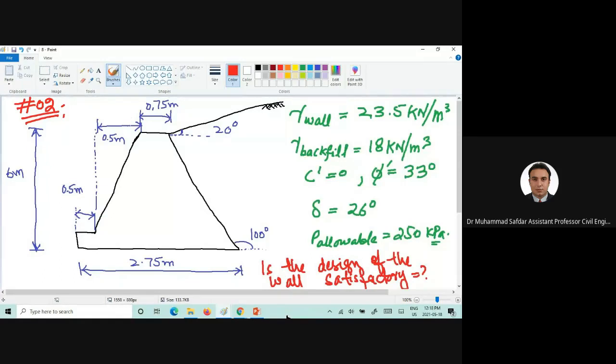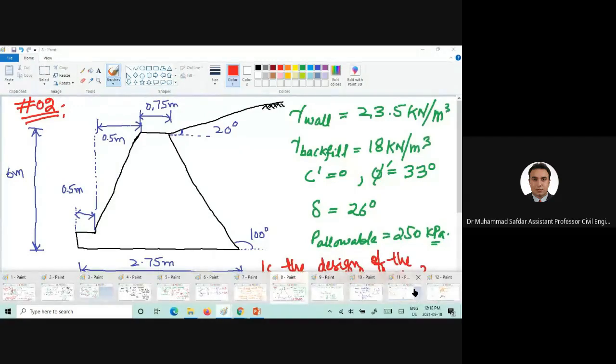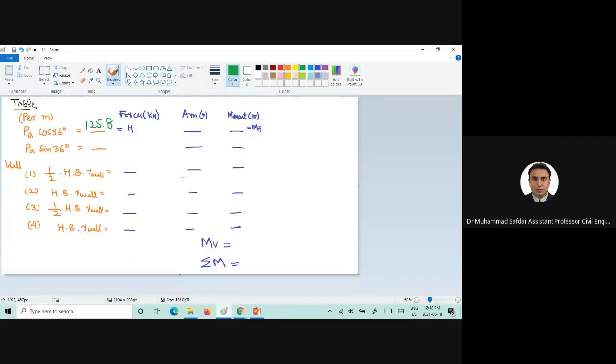So the lever arm, it will be 2 meters, yes. This one would be 2 meters.